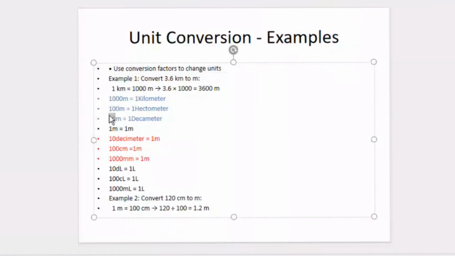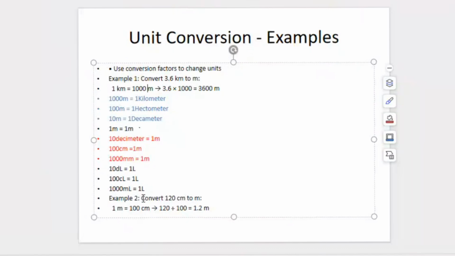But if you're moving from a smaller unit to a bigger unit, you divide by that value, the 1000, 100 or 10. I believe this should be as clear as possible. So now let's see example 2.